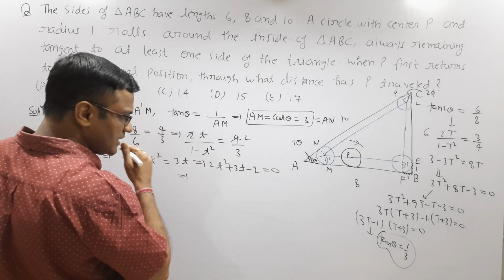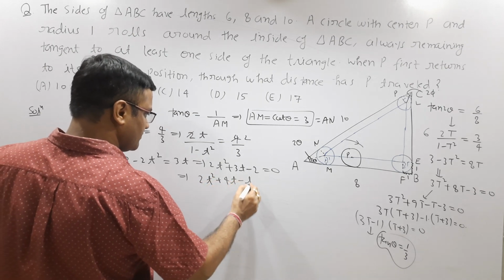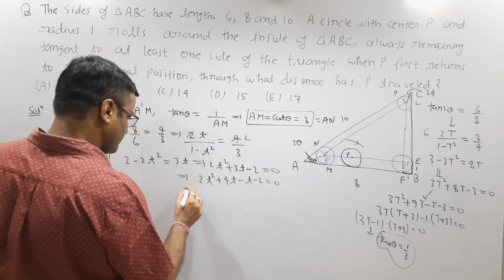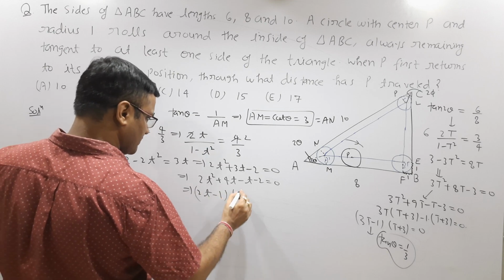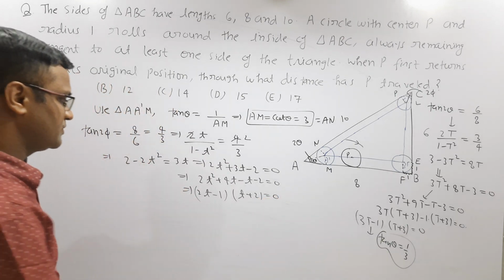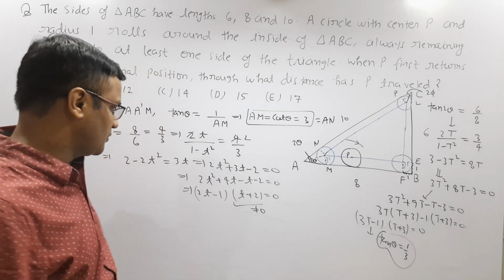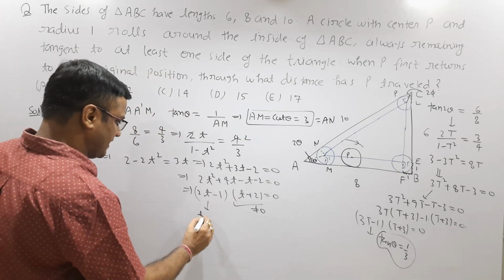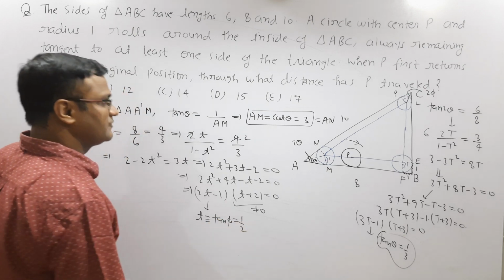I think 2t square plus 4t minus t minus 2 equals 0. Factors are 2t minus 1 and t plus 2. But again, phi is an acute angle, so t plus 2 can never be equal to 0. Phi is an acute angle, so tan phi is a positive number. So what is the value of tan phi from here? Tan phi is clearly half.